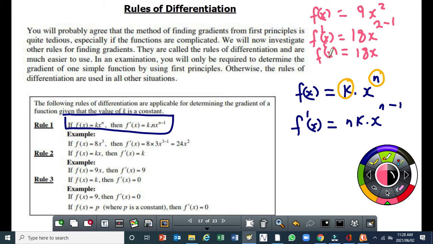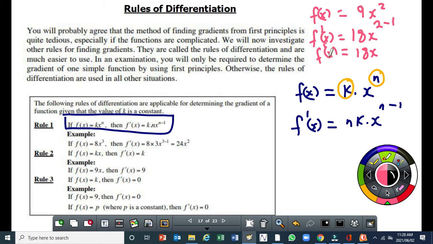So rule number 1 is the main rule for finding the derivative using rules. What you do is, if you are given the function, you identify the exponent of the variable.